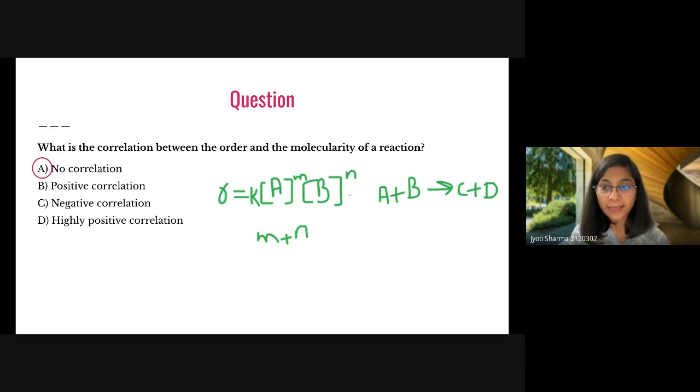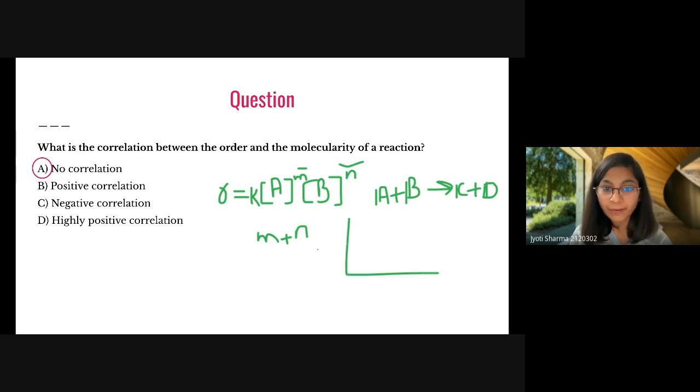Here the coefficient is 1, here it is 1, here it is 1. So m and n are not the stoichiometric coefficients, but we can calculate m and n by performing some experiments, as we have already discussed.